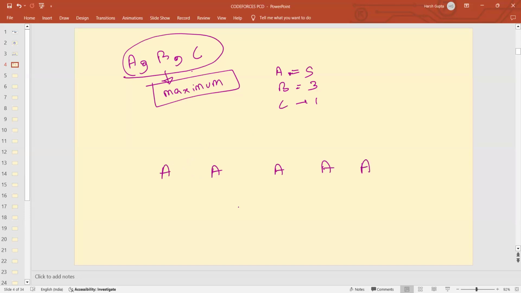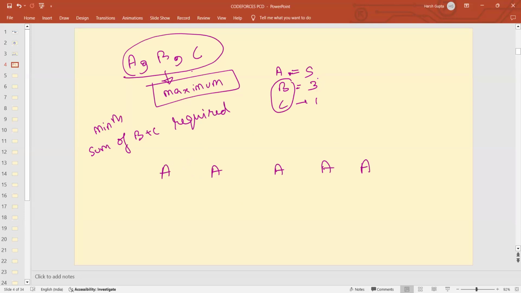Now tell me, what is the minimum sum of B and C you need? I am assuming that A is the maximum value. Any one of these three can be maximum, but over here I have said that A is the maximum, having the value 5.